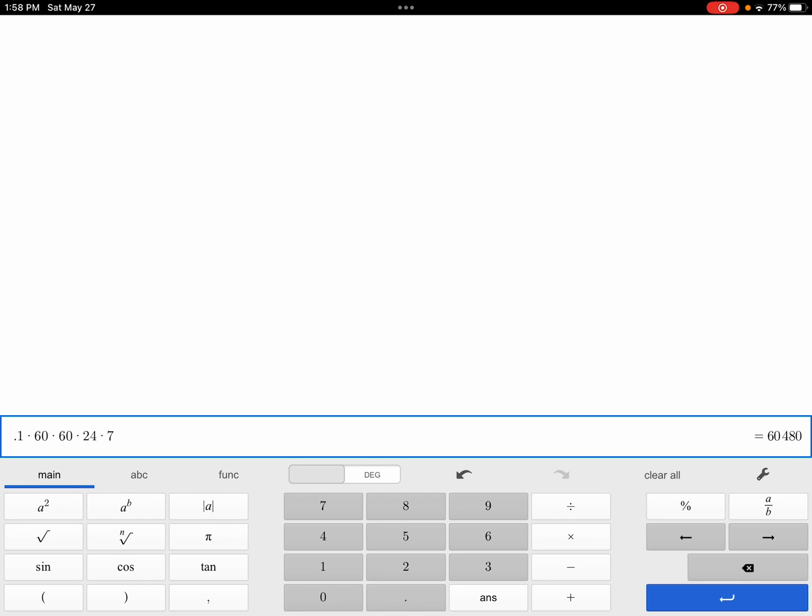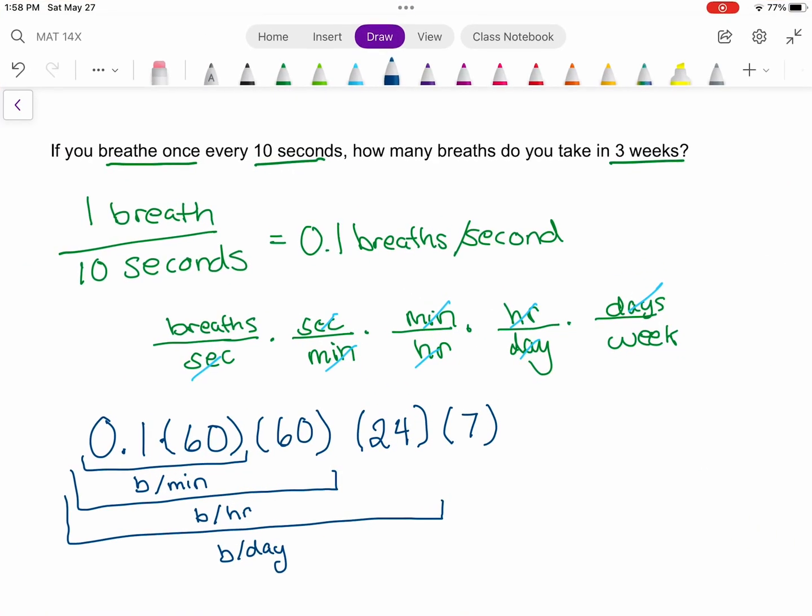So that would be 60,480 breaths per week. So let's write that down. So we have 60,480 breaths per week. Well, that's not the answer we're looking for.